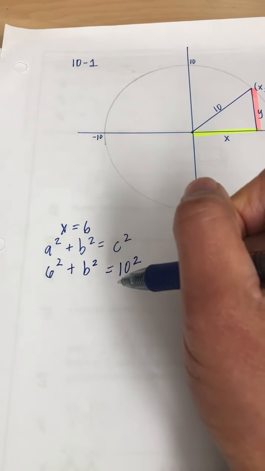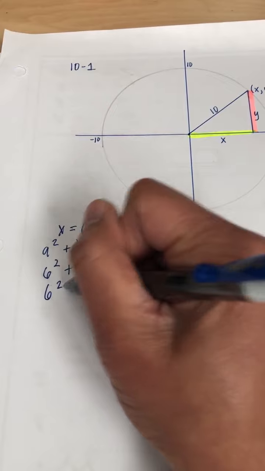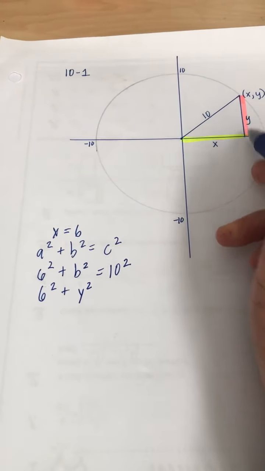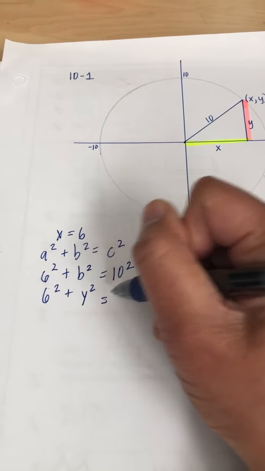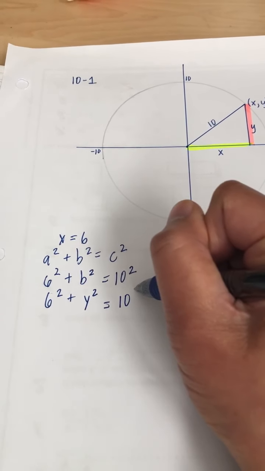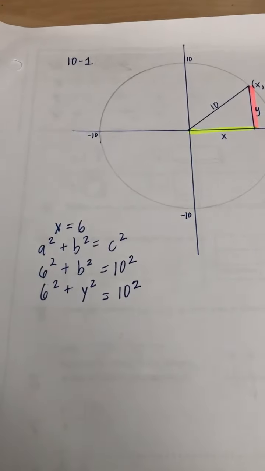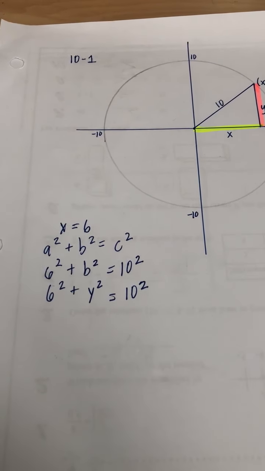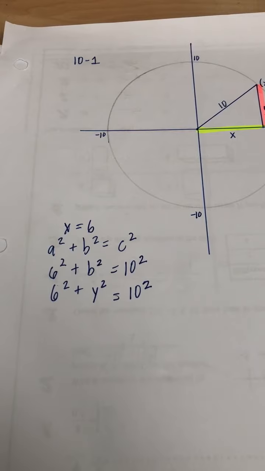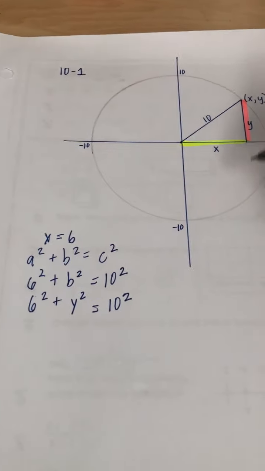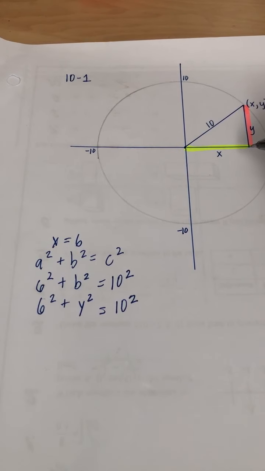So in the right triangle, I should really just put the y squared here because that is the other leg squared. Okay, so we have entered in the 2 sides that we know into the Pythagorean theorem, and we're going to solve for the third side, which is the vertical leg.